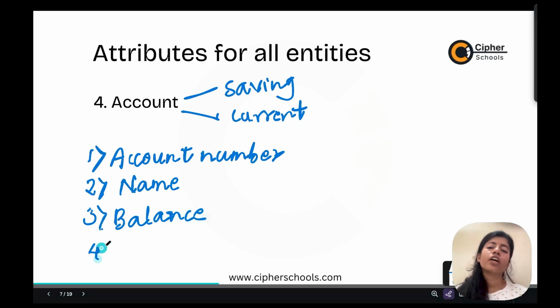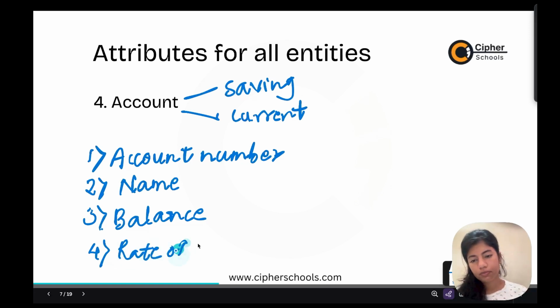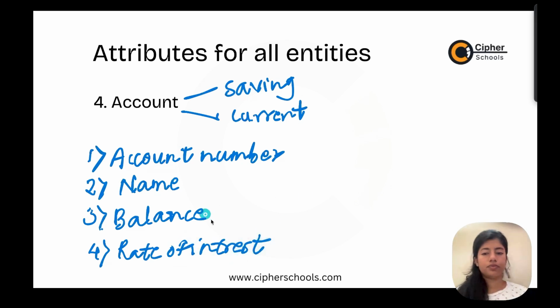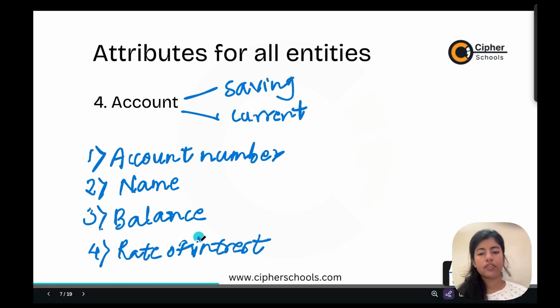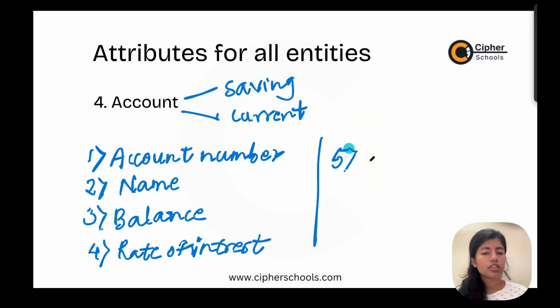Now, if the account is a savings account, then there will be some rate of interest which you will get from the bank. If the account is a current account, you will have something known as charge per transaction. Like per transaction, you need to pay something.